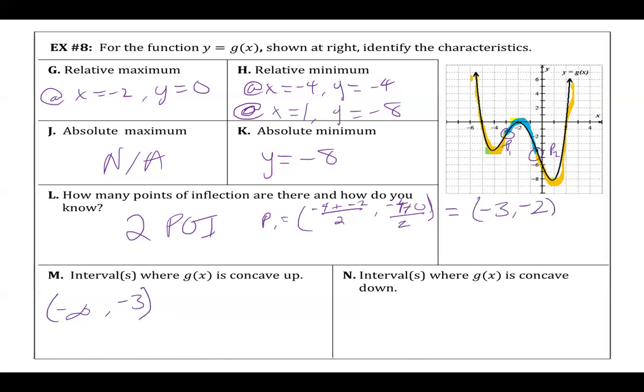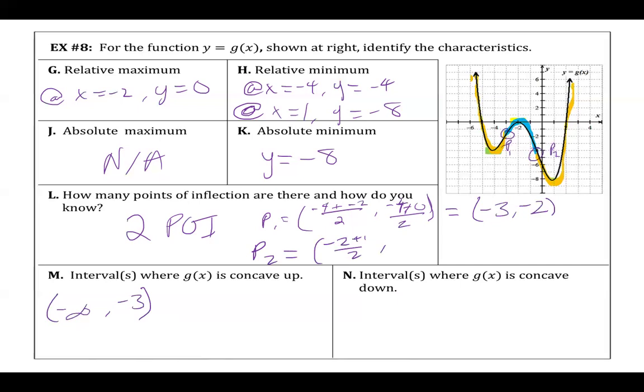Okay. I have another point of being concave up, which means I have to find my P2. So for P2, I have -2 plus 1 divided by 2.